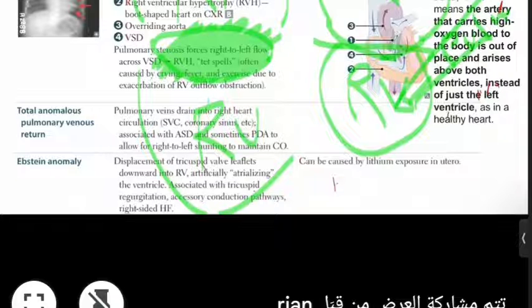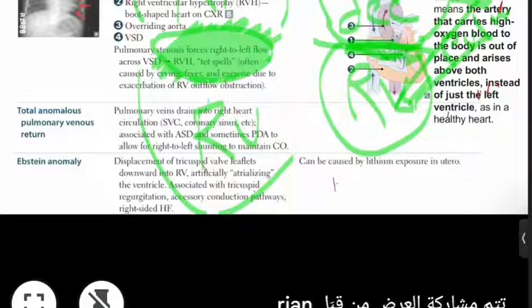If you don't have a valve between these two chambers, you need a valve, you need an opening between these two chambers in order to carry the deoxygenated blood to the pulmonary artery, so that it can go to the lung, and this lung gives us oxygen, so the oxygenated blood can be transmitted to the body through the aorta and so on.